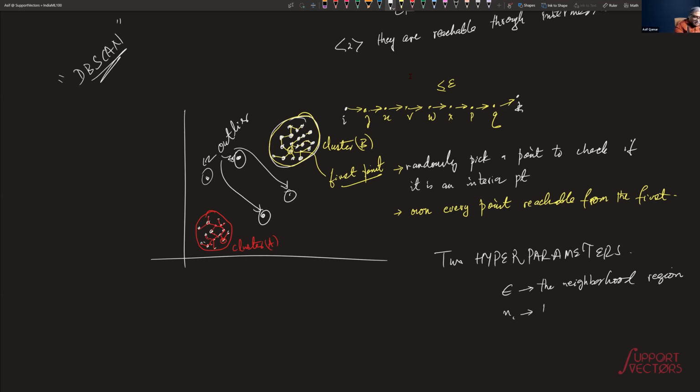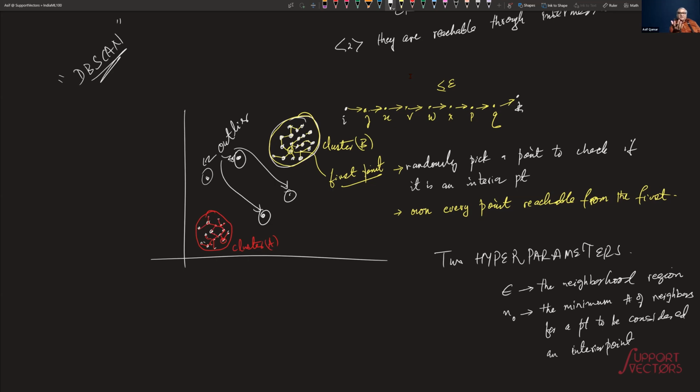And the number is the minimum number of neighbors for a point to be considered an interior point. If you take your epsilon very small, then every point in the system will look like an outlier, because you can't reach from any point to any other point.